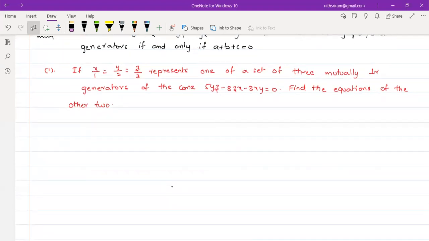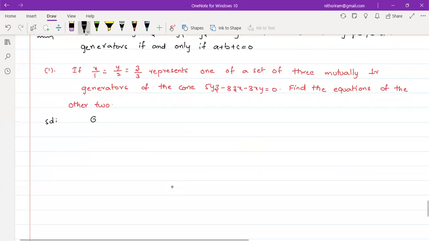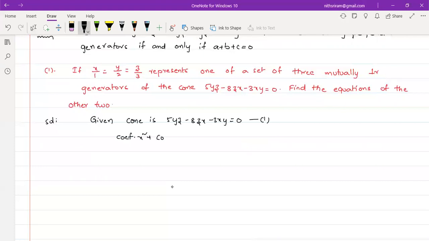Coming to the solution, the given cone is 5yz minus 8zx minus 3xy is equal to 0. Treat this as equation number 1. Clearly here the coefficient of x square plus coefficient of y square plus coefficient of z square is equal to 0.